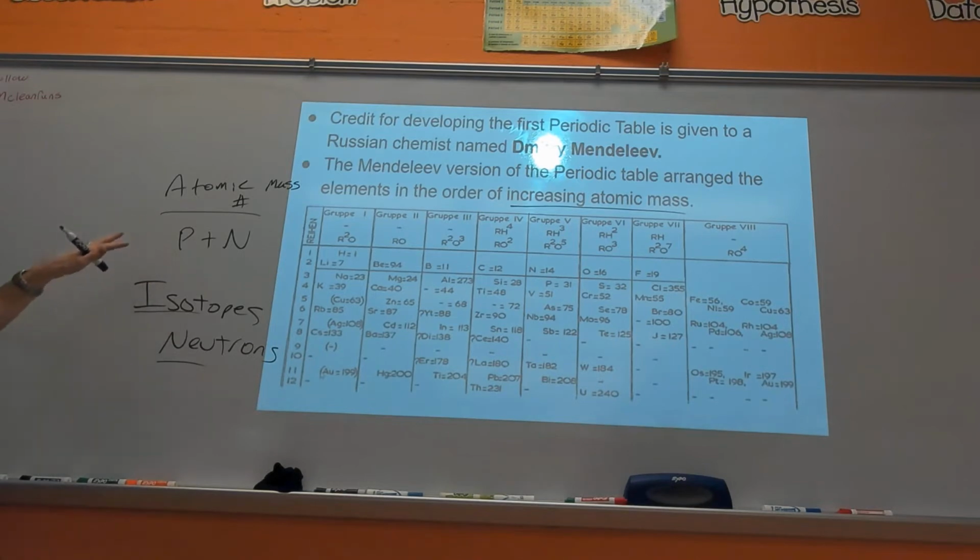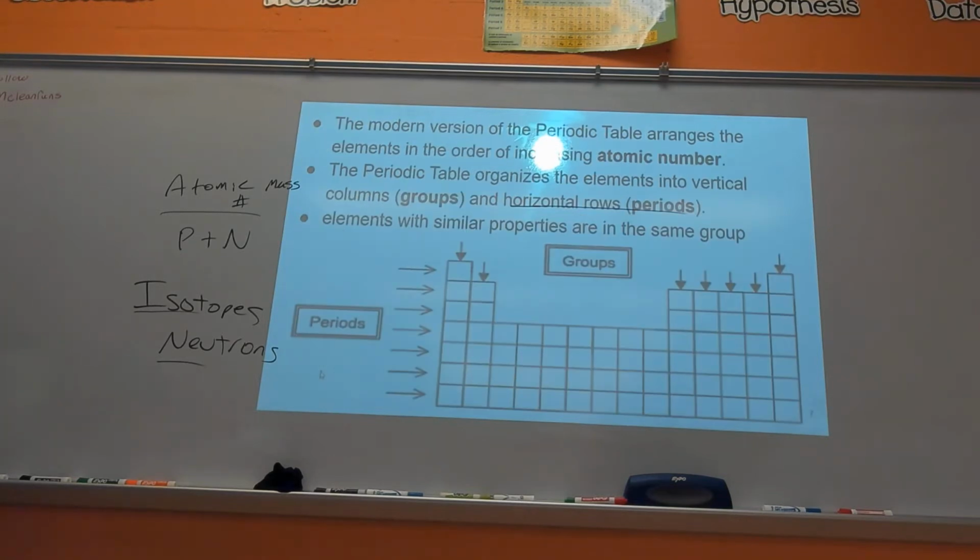Okay, so that was the downside of trying to organize it by increasing atomic mass. They eventually started to find that you would have elements that would have the same mass number. So we then were like, okay, mass number is not a very good way to organize them, and there's something more to the point of how elements behave.